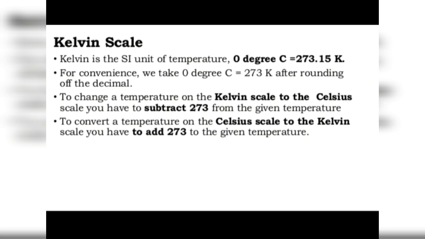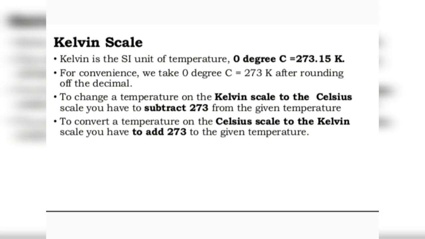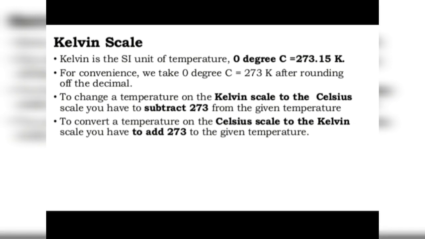See, melting point of ice on Celsius scale is 0 degrees Celsius, and on Kelvin scale it's 273 Kelvin. This means that the temperature of 0 degrees Celsius is equal to 273 on the Kelvin scale, right? So basically 0 degrees Celsius is equal to 273 Kelvin.